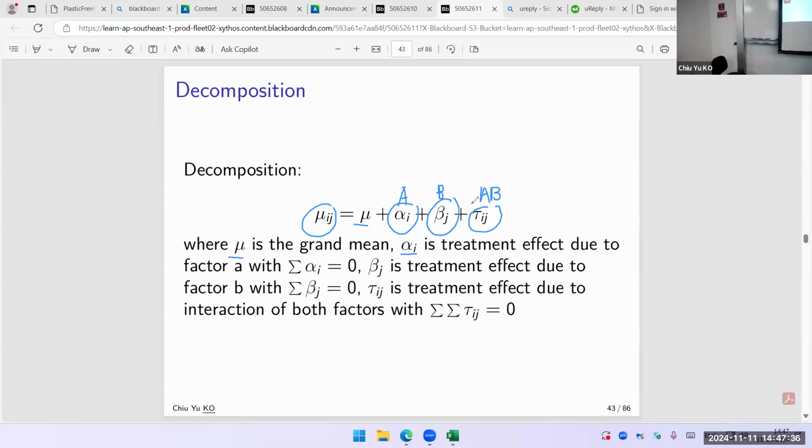And AB may be telling you that it may not be the case that men and women are different or colleges different, but in particular, maybe men in college A is better, right? Maybe women in college D is better, okay? So it's interaction. It's not uniformly A is better, or uniformly men are better, or uniformly some college is better.